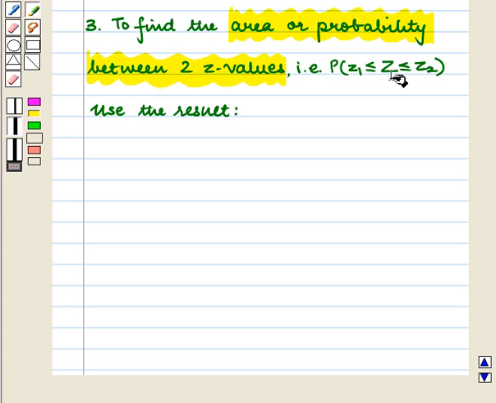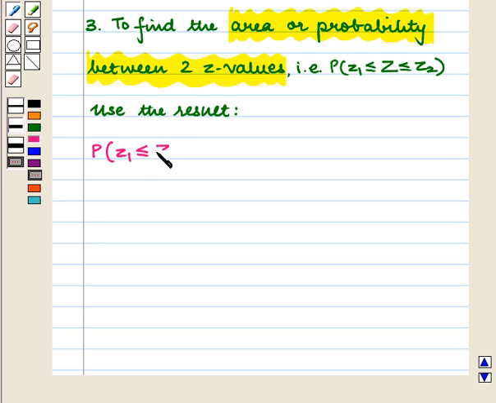Now, to find the area or probability between two z values, that is, probability of z1 less than equal to random variable z less than equal to z2, we use the result: the probability of random variable z lying between z1 and z2 is equal to probability of z less than equal to z2 minus probability of z less than equal to z1.